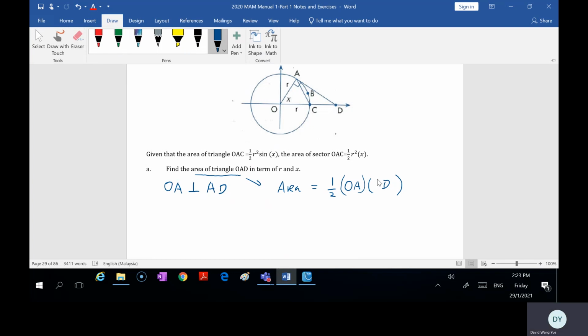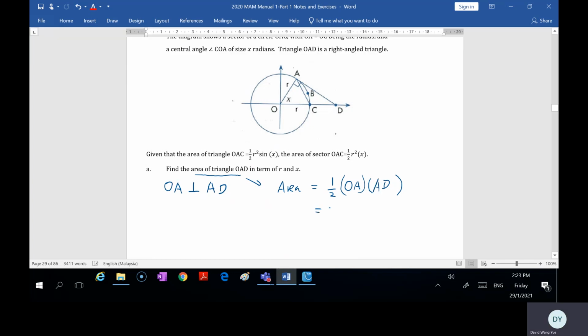OA we know is r, but how about AD? AD is opposite to x, and r is adjacent.